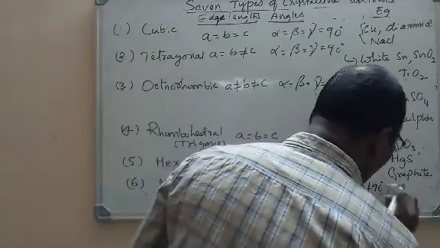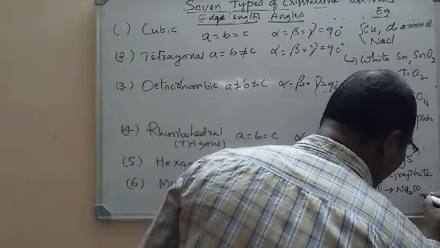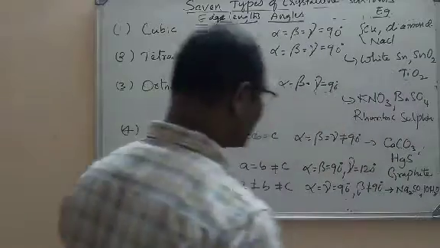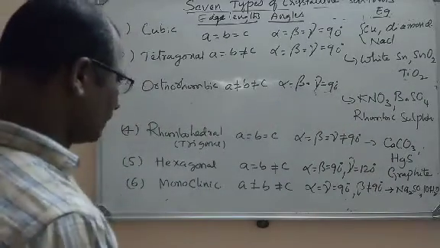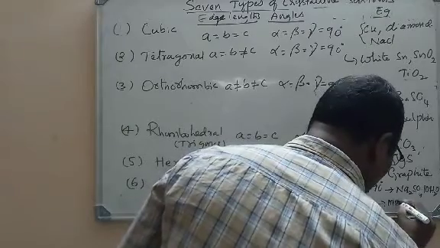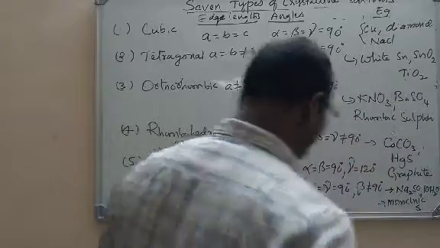And the examples are monoclinic sulfur. For this the examples are sodium sulfate decahydrate, Na2SO4 10H2O, and you can write even monoclinic sulfur.